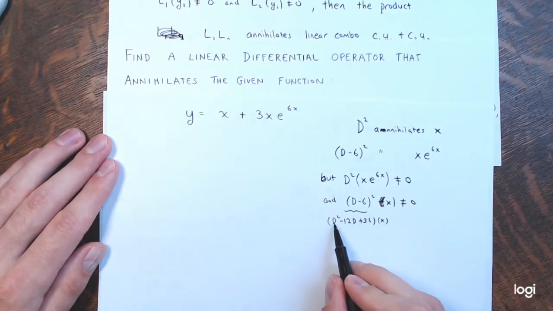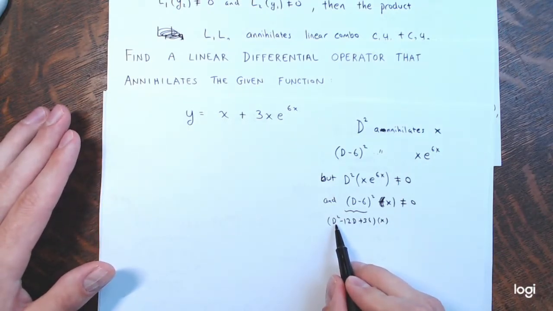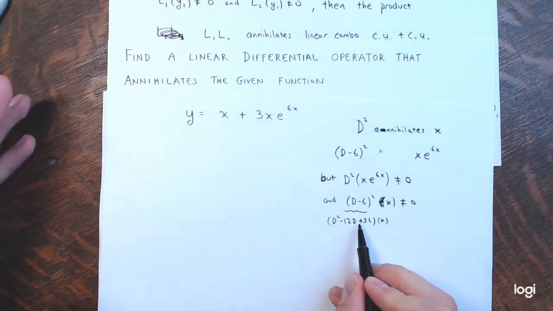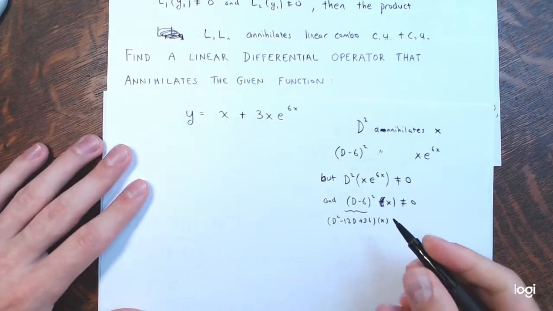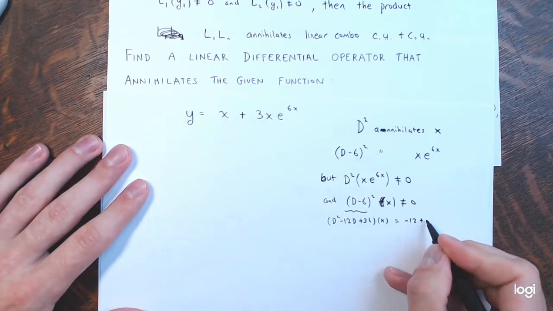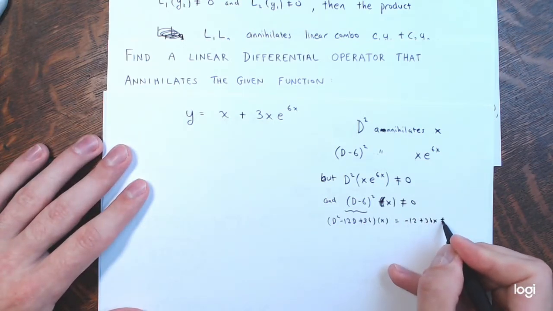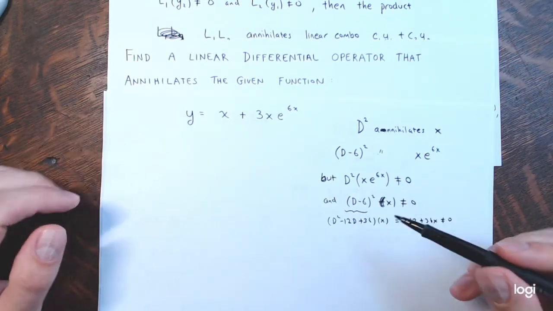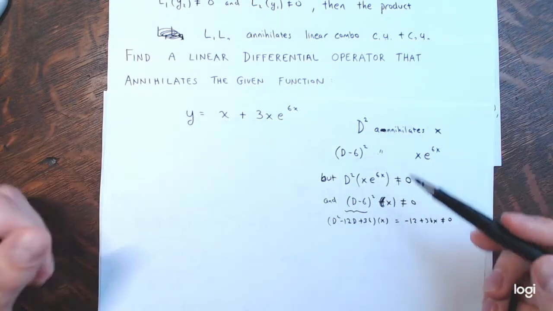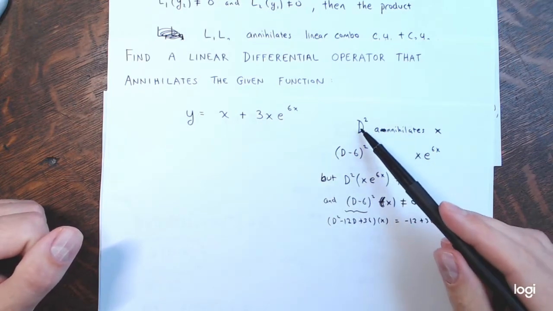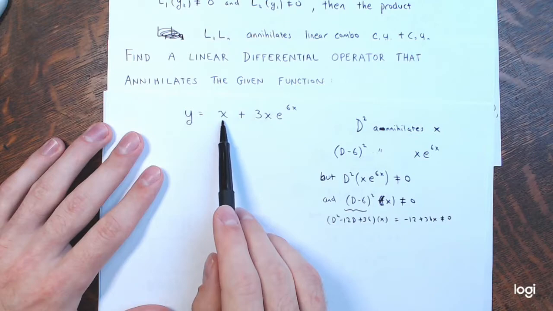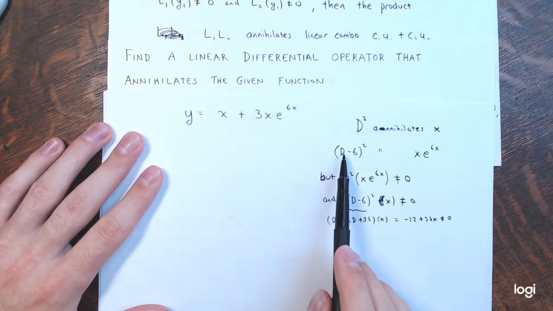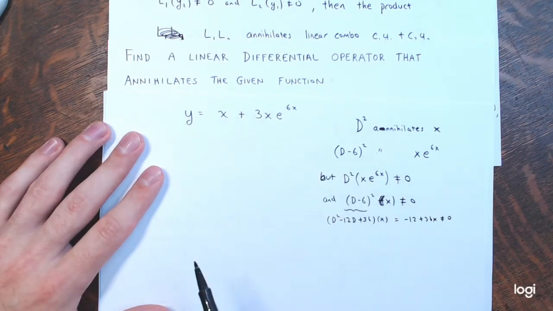Now the second derivative of x is nothing, sure, but then you'd have negative 12 times the first derivative of x is 1. So negative 12 plus 36x, which is definitely not 0. So again, I have a scenario like the previous example where I have these operators that annihilate one of the terms, but they don't annihilate the other one.